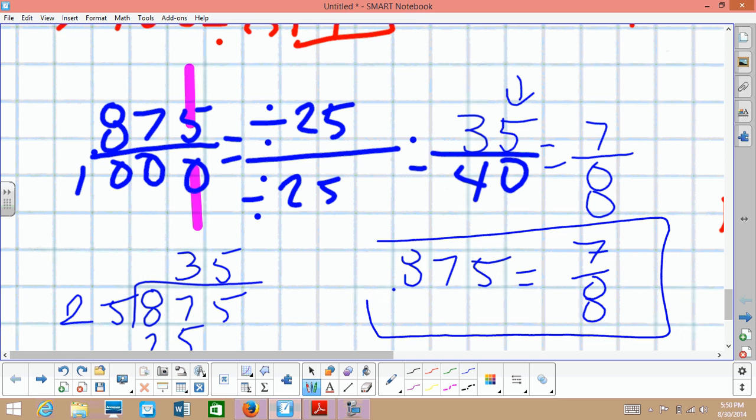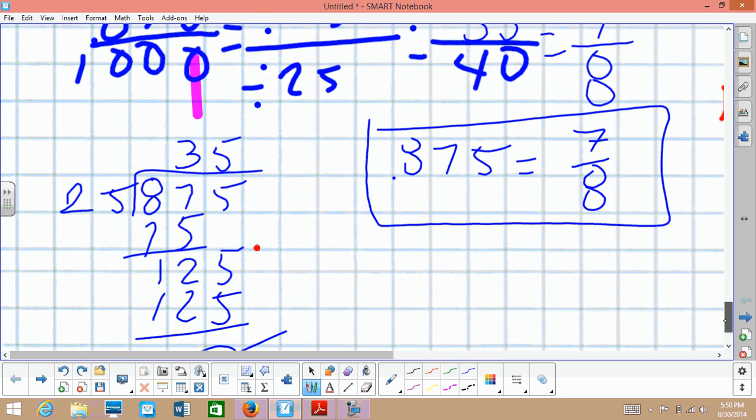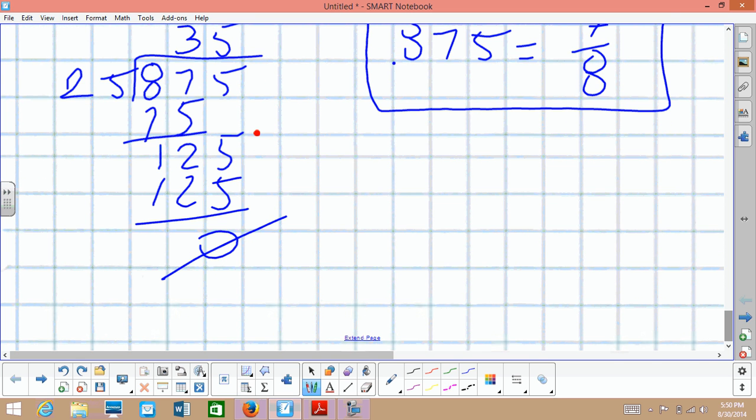And that's it. Now let me see if I can give you a number that you can turn into a fraction. Let me find a good one. Let's convert this number into a fraction.